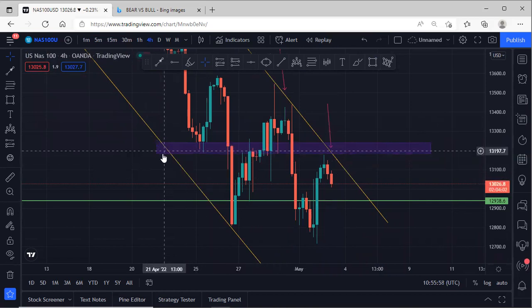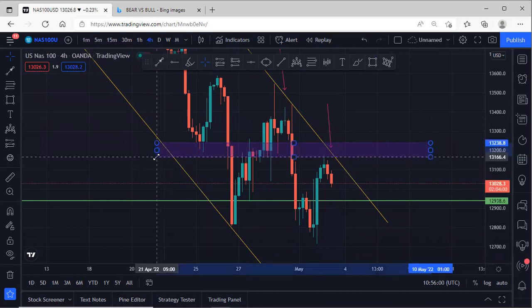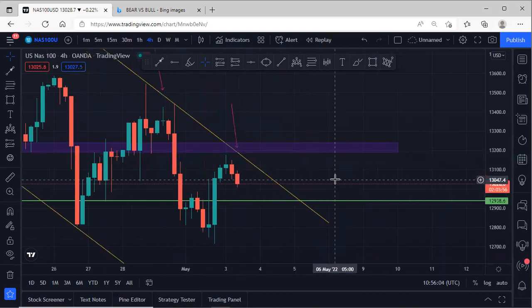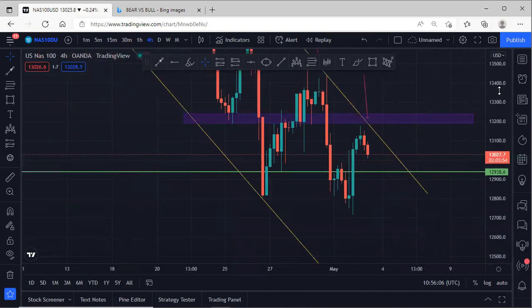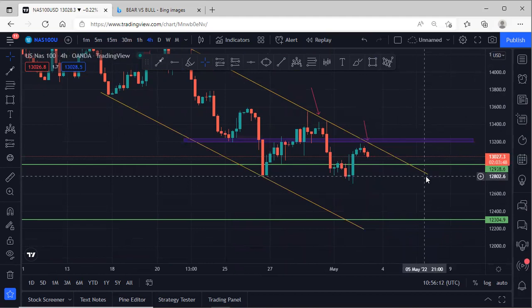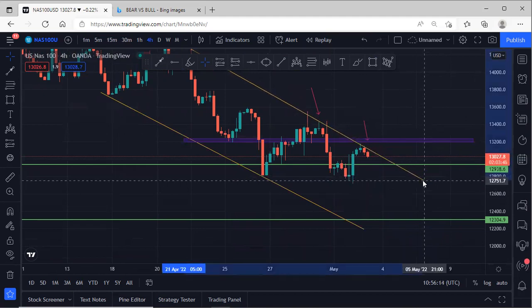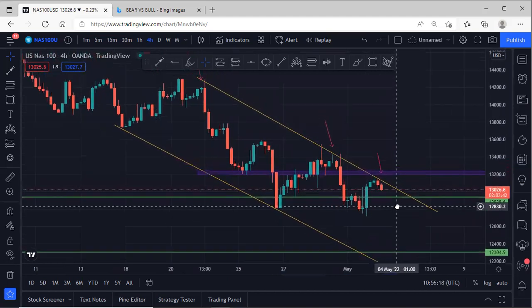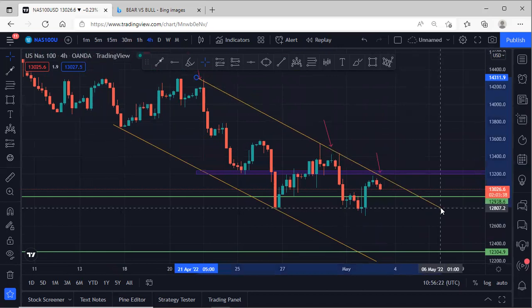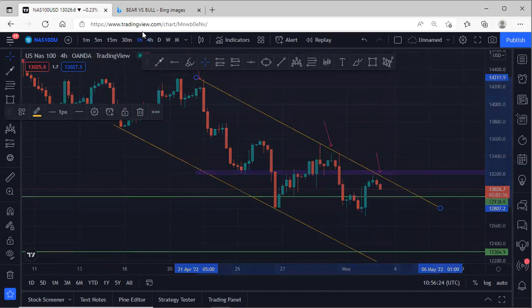Some people might say it did touch because we also have some areas like this, but I like drawing it like this. We haven't touched it, but then we can say we did touch because we also have this, right? We can scale it down like this, but I'll just put it right here and scale down to the 1 hour time frame.